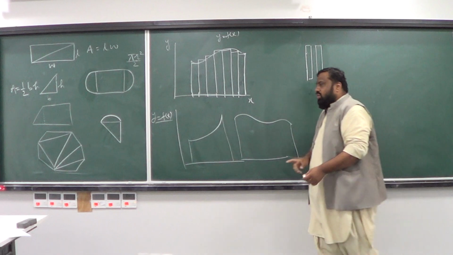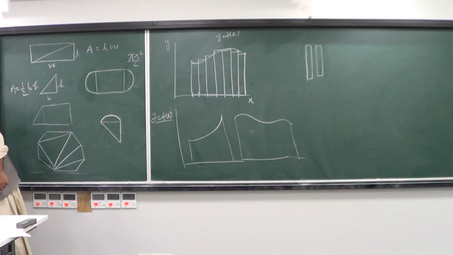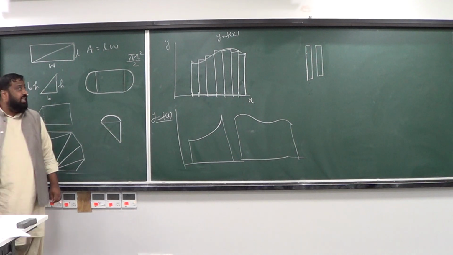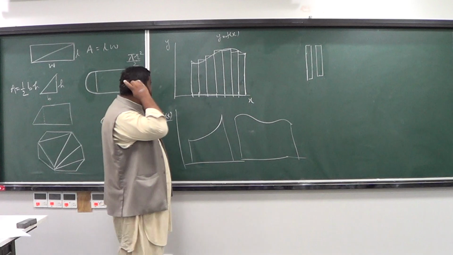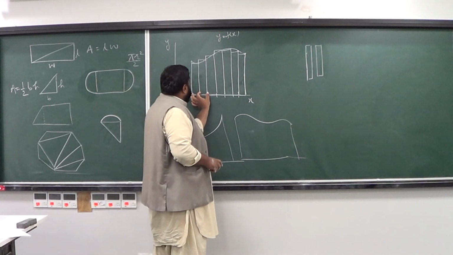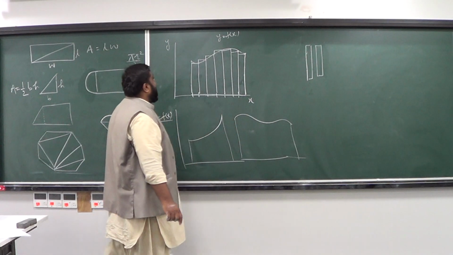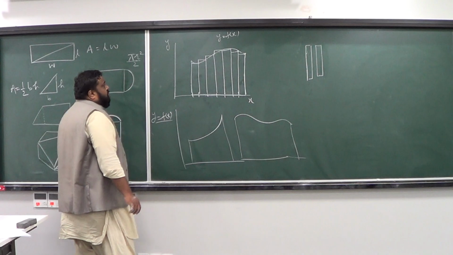Okay. So, for example, one strategy that someone can adopt is that, instead of taking the big rectangles, let's split these rectangles into some more rectangles.